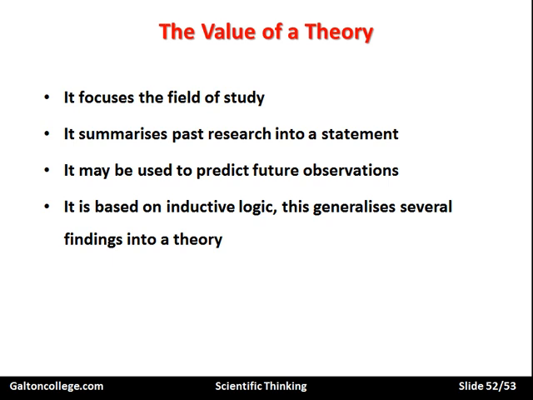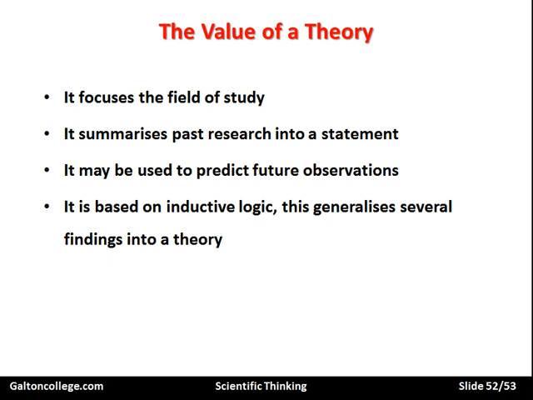Several generalizations are rolled together to form a theory. The generalizations, in the sense that it looks at testing the hypothesis over and over and over, testing variations in the hypothesis over and over and over, and rolling all of this together to induce the theory. And that's what we mean by a theory in science.